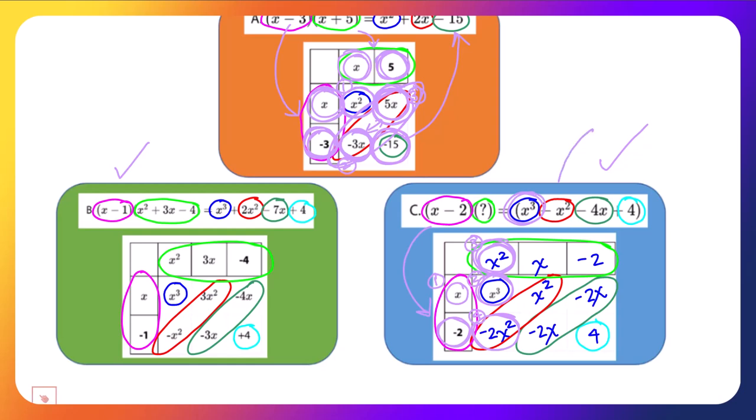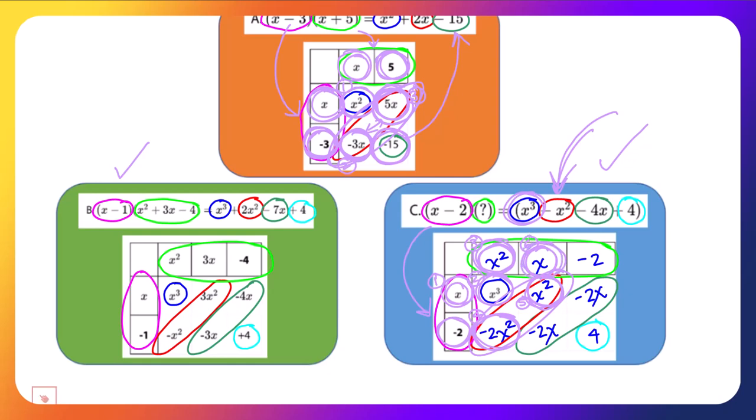To make this negative x squared in this red oblong, I already have this negative 2x squared, so I need this positive 1x squared to make this negative x squared. So that's the fifth thing we fill in. This x times x makes our x squared that we just came up with, so that's the sixth thing we fill in.